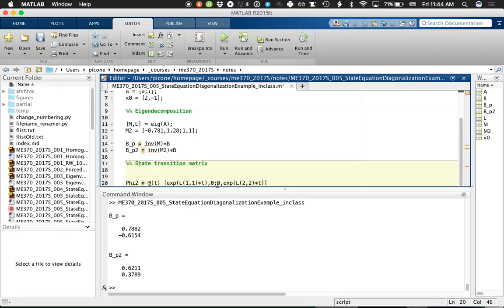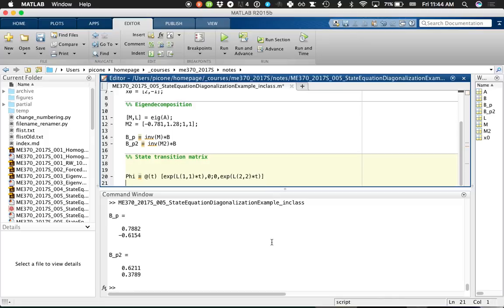Good. So there is our state transition matrix defined. This is actually identical to the one that we get from Matlab because their lambda matrix is the same as our lambda matrix. So I'll just call it phi. So phi is that.